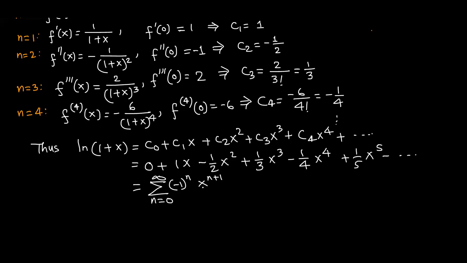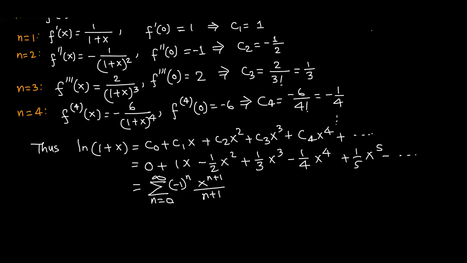When n equals 1, x raised to 1 plus 1 is 2, and we need to divide by, 1 divided by 1, 2 divided by 2, 3 divided by 3, so n plus 1 divided by n plus 1. You can try and plug in n equals 0, we should get first. Plug n equals 2, we should get this.